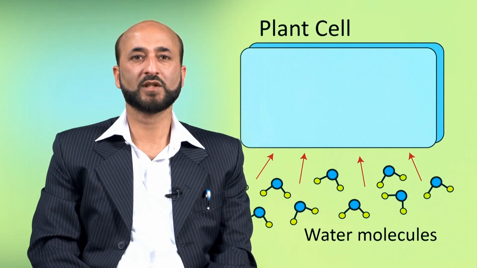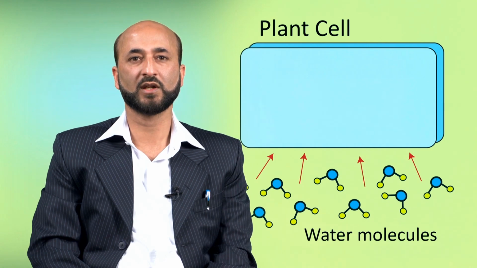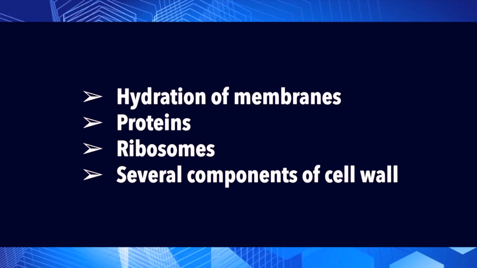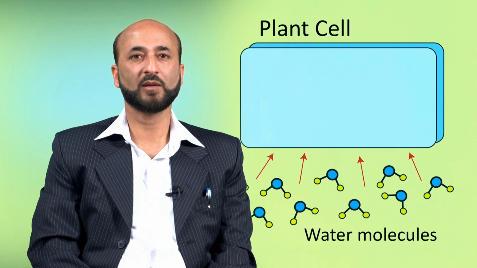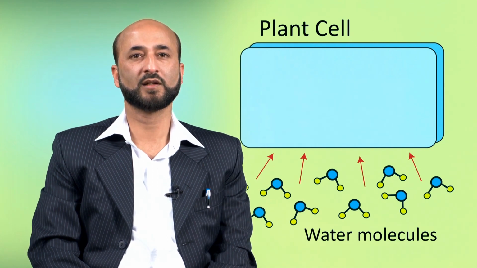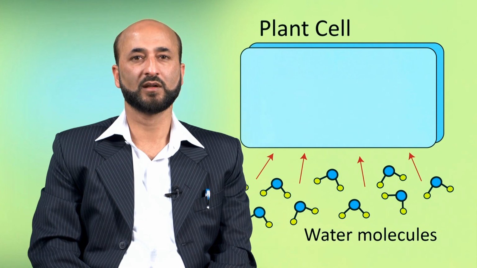Hence, matric potential can play an important role in plants, especially during hydration of membranes, proteins, ribosomes, and several components of cell wall. It is particularly important in the early stages of water uptake by dry seeds, called imbibition, and hydration of cell walls, wood and soil.